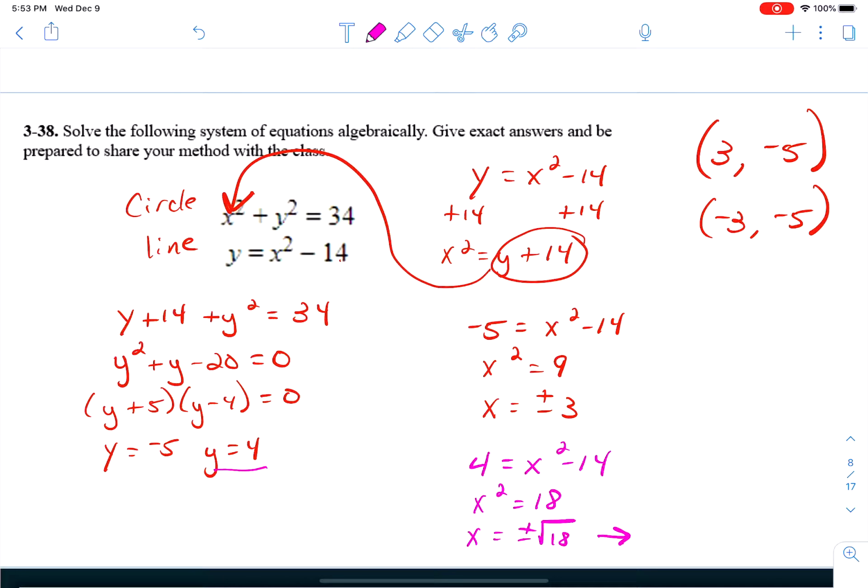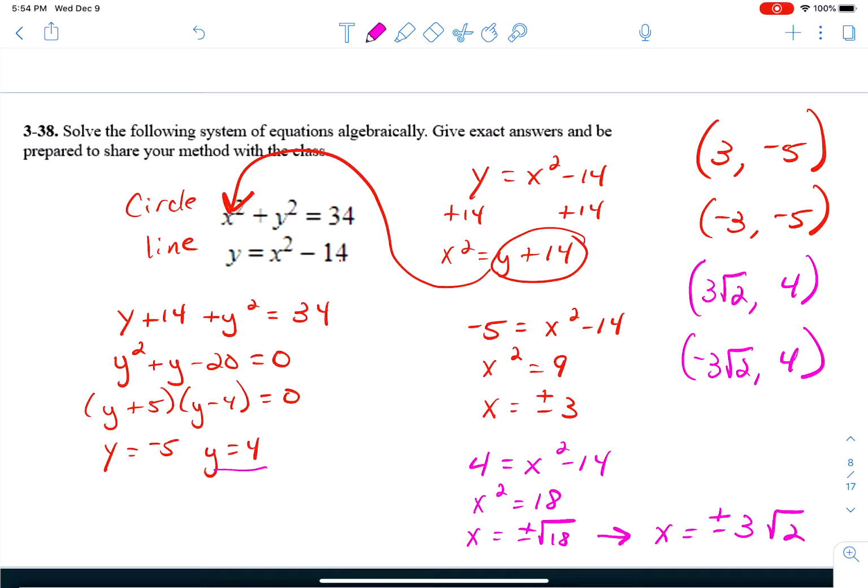Simplifying that radical, I have x is equal to plus or minus 3 times the square root of 2. So writing out my ordered pairs, if x is a positive 3 times the square root of 2, y is 4, and x is negative 3 square root of 2 when y is 4.